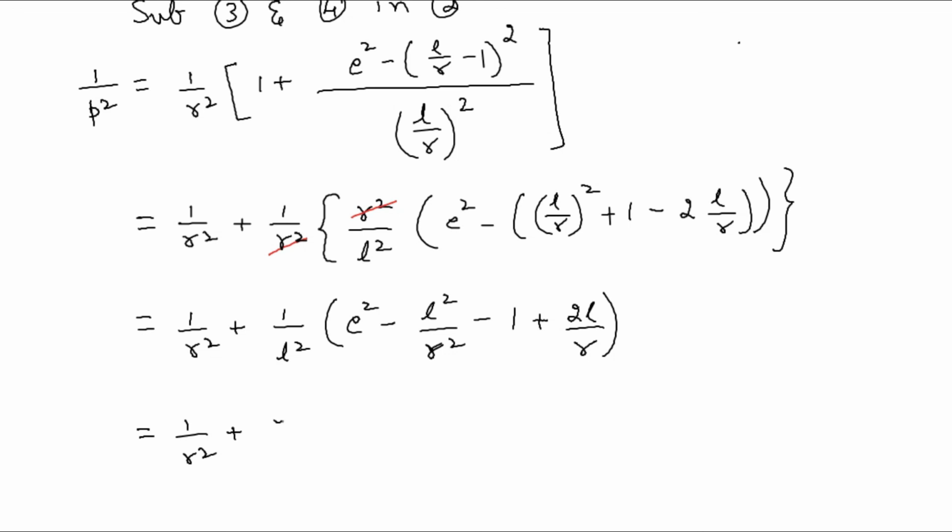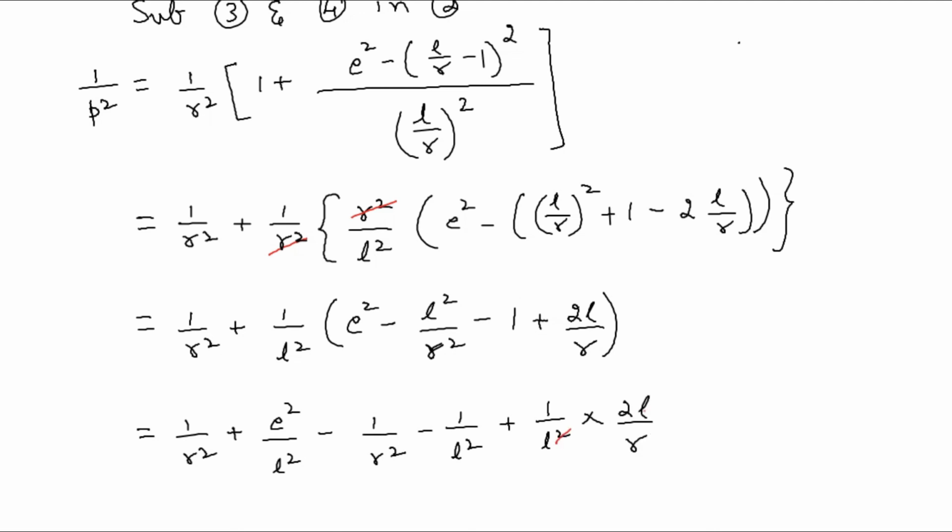You'll be getting E square by L square minus, in the second term L square will cancel out and you'll be left only with 1 by R square. Then minus of 1 by L square, then plus 1 by L square multiplied by 2L by R.